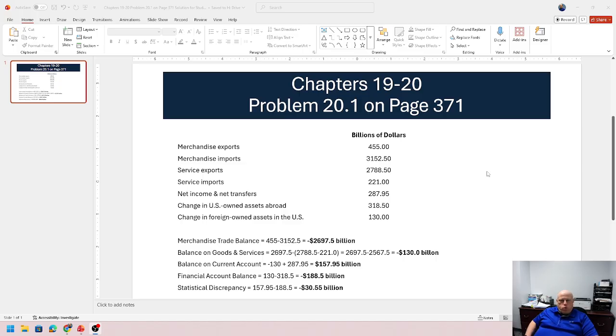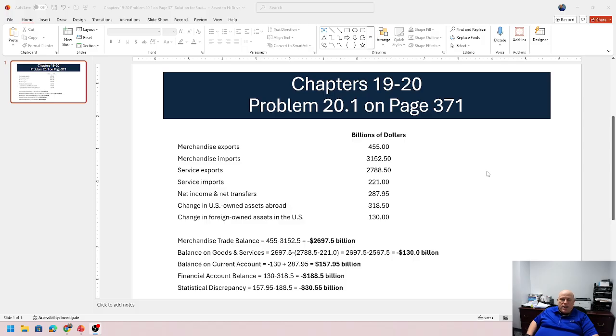So the first calculation that you needed to do was merchandise trade balance, which I gave you the actual formula for each one of these on the assignment instructions. Merchandise trade balance, if you'll remember, is the merchandise export value minus the merchandise imports value.